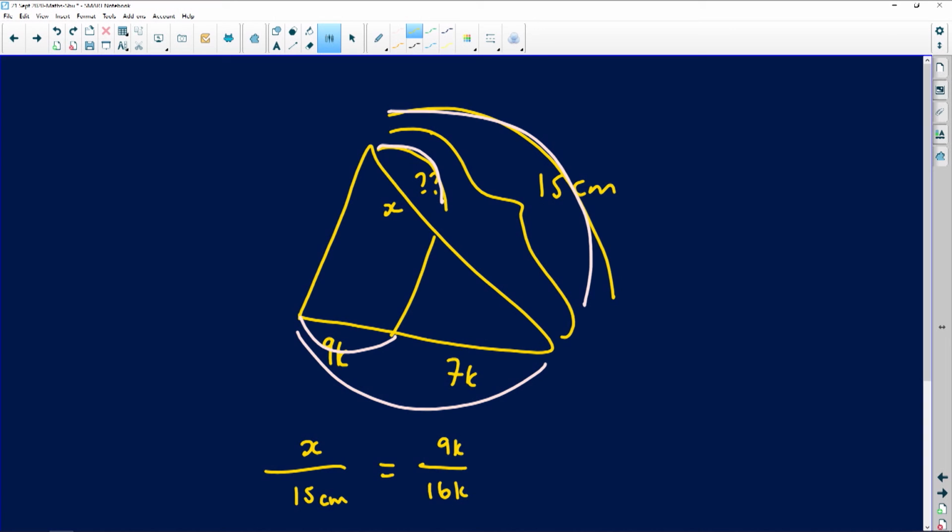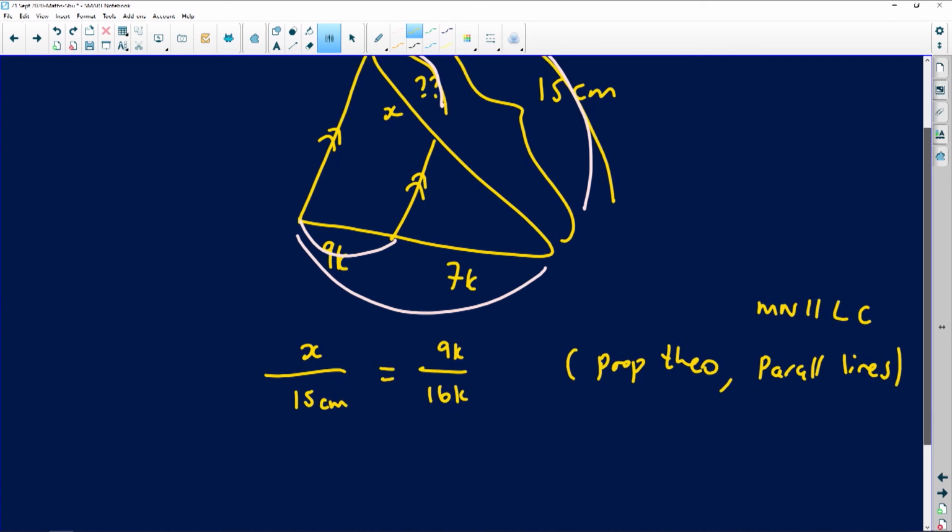That's the length of the long side. Where am I getting this from? This is from the proportionality theorem, since we've got parallel lines. You obviously need to write what the names of the lines are. And in our question, MN is parallel to LC. So this is parallel to that.